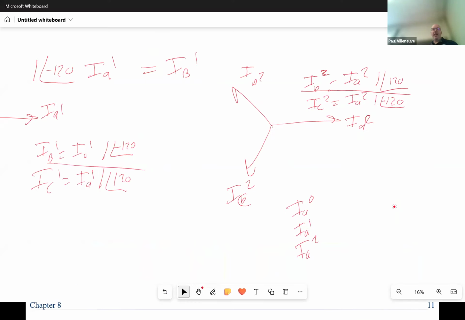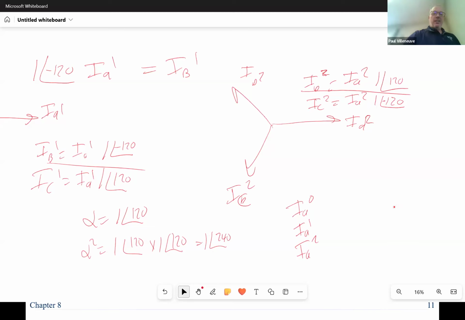Now, where does alpha come from? Alpha, or a, is 1 at an angle of 120. Alpha squared is 1 at an angle of 120 times 1 at an angle of 120. When we do complex multiplication, we multiply the magnitudes and add the angles. But this is based on a 360-degree circle, right?